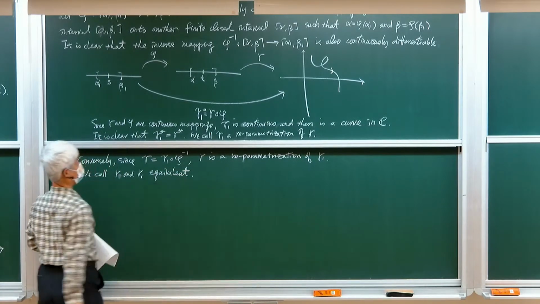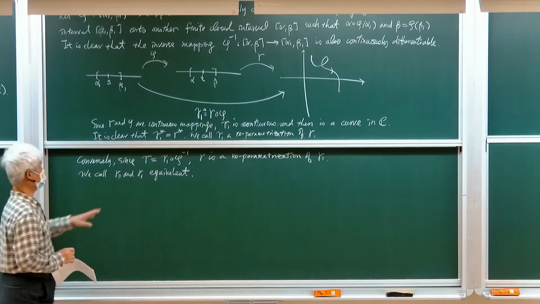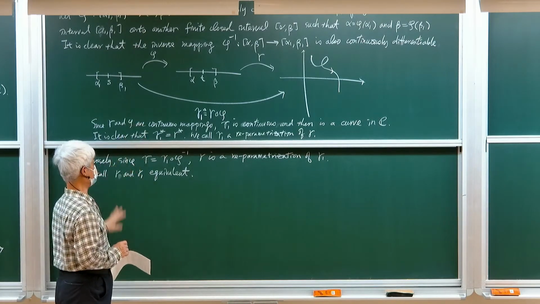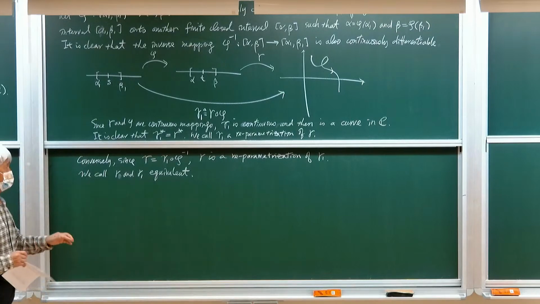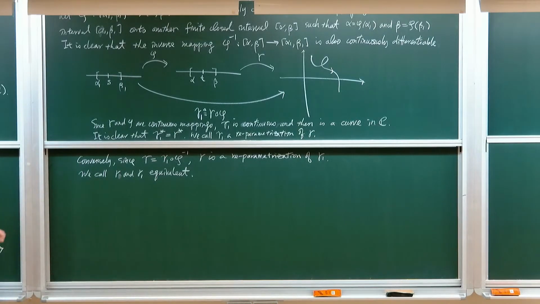So actually, the reparametrization is an equivalence relation between curves. And the equivalent curves will have the same images, and the same orientation, right?